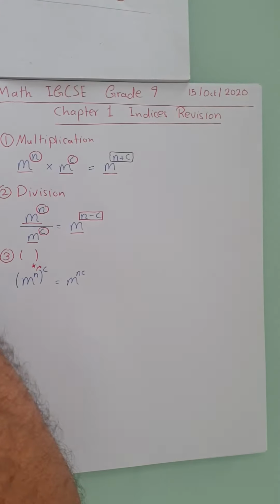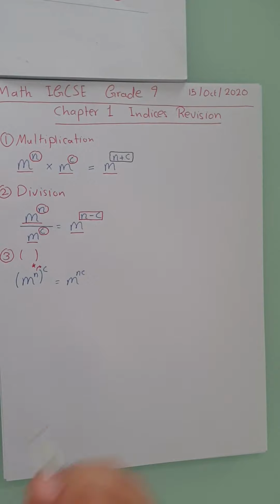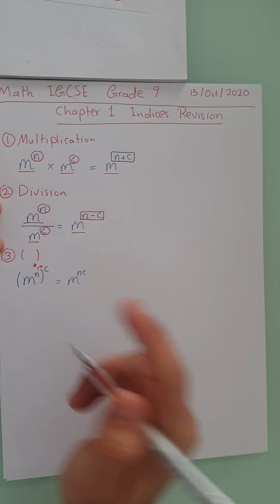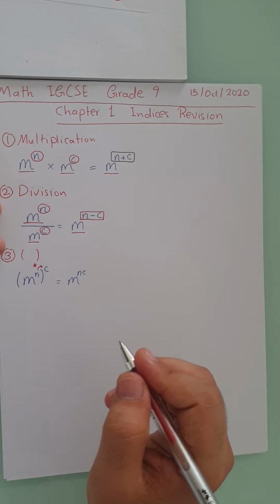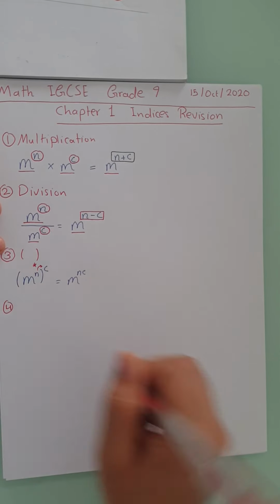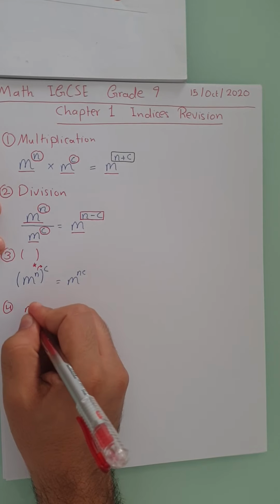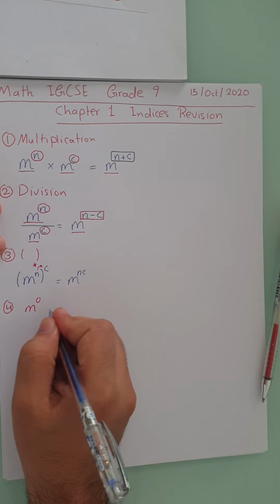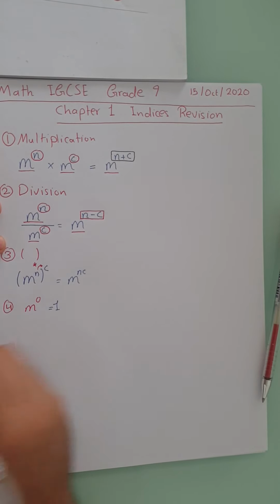Now let's take two options of the indices. We call them the zero index. So anything to the power of 0, for example m to the power of 0, equals always 1.